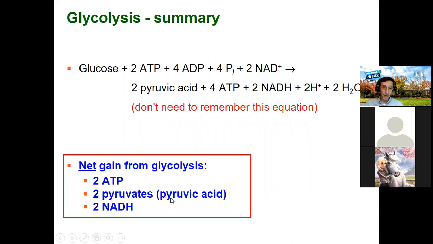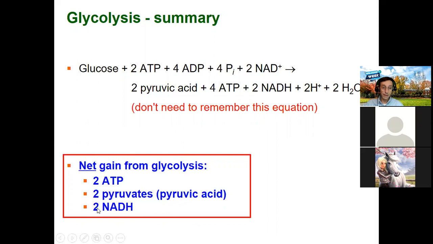and you can call that pyruvates. These are chemically similar molecules, and you need a chemist to note the difference. This has the hydrogen attached, this has the hydrogen released, and the cells treat these 2 molecules the same, so we will treat them the same even though they are chemically slightly different molecules.